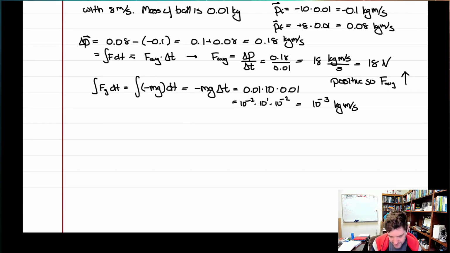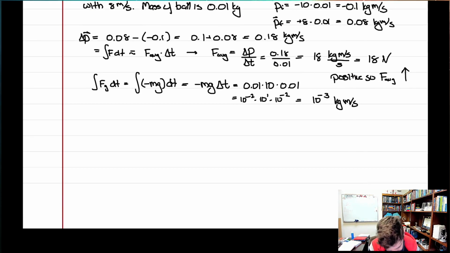All right, you could compute an average force, but since it's a constant force, F average of gravity is, again, just negative mg. So then that looks like it's 10 to the negative 1 newtons. Again, 2 orders of magnitude smaller than the 18 newtons that the floor did.